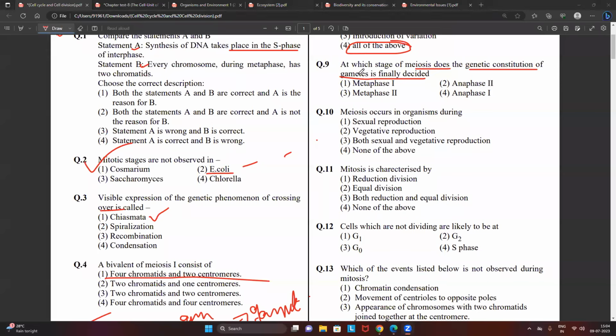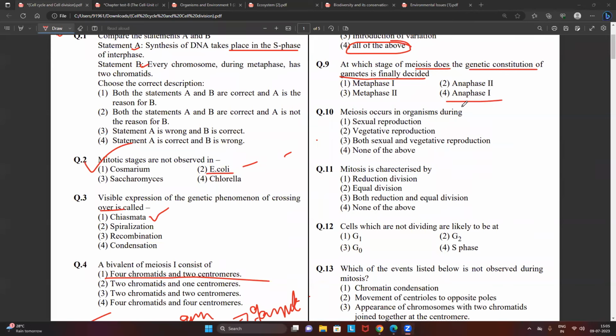Okay. Question number 9 says, at which stage of the meiosis is the genetic constitution of the gametes finally decided? You all know very well, right? Anaphase 1, what is going to happen, friends? Hope every student clearly remembered this. In anaphase 1, especially at what stage can we call the packet-in stage?